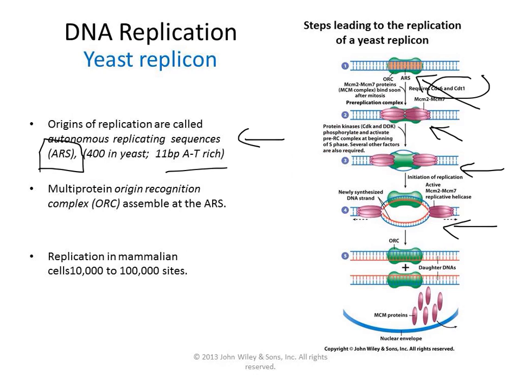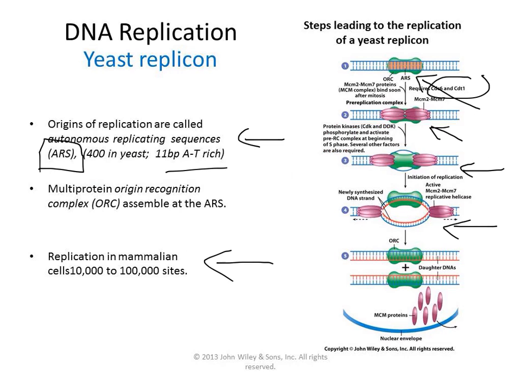So keep in mind, there are important proteins that mark these sites and also help initiate replication, and the initiation is controlled by multiple proteins, and it's a very elaborate control mechanism, so we ensure we only replicate DNA upon need.